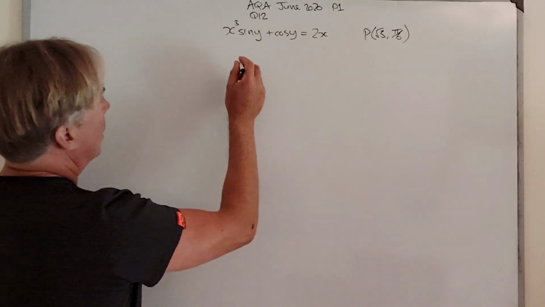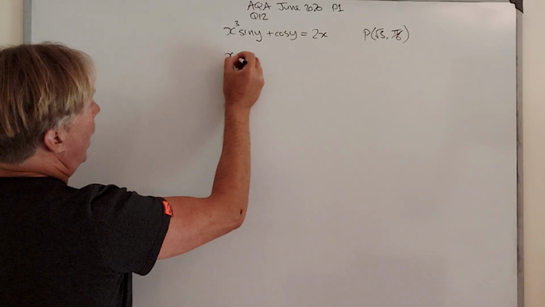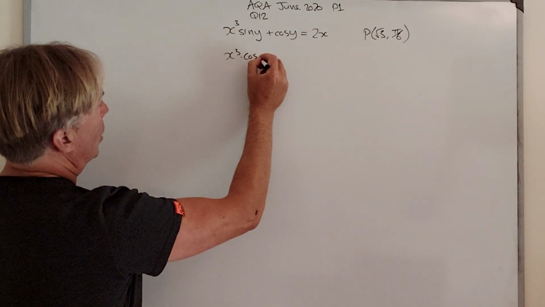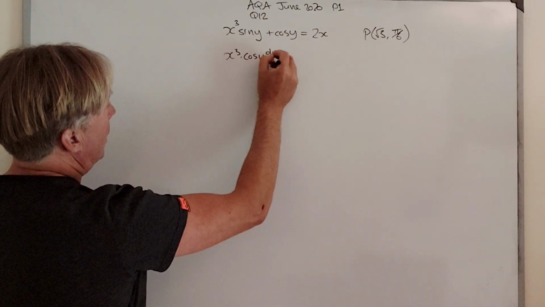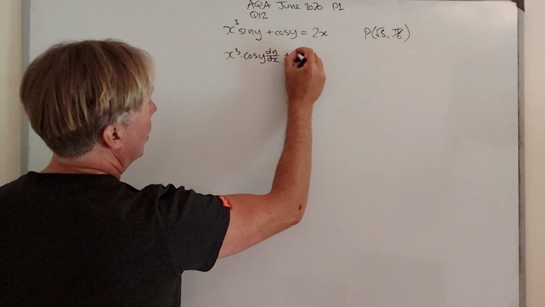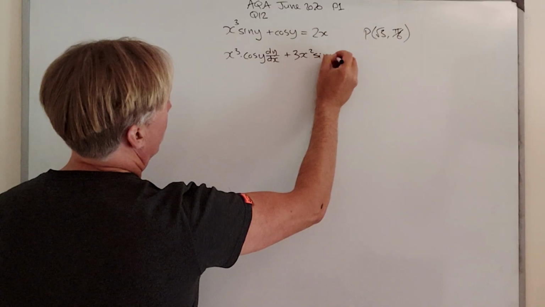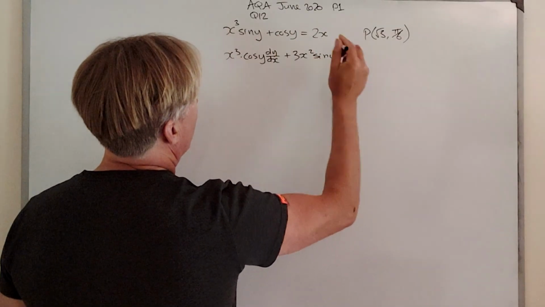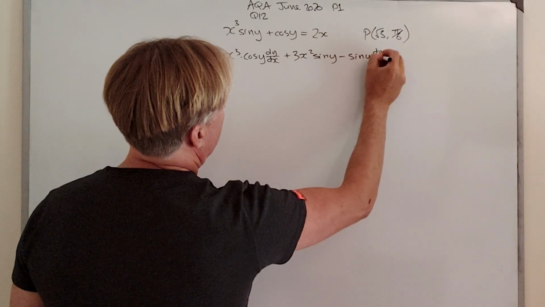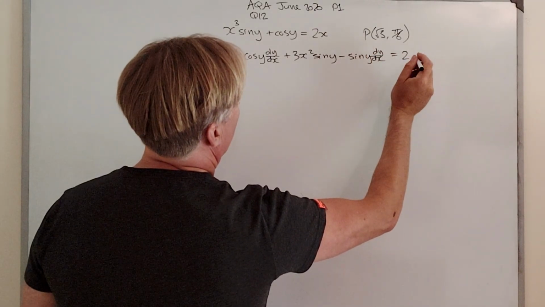So I can use the product rule: x cubed multiplied by the derivative of sine y, which is cos y dy/dx, plus the derivative of x cubed, which is 3x squared, multiplied by sine y. Cos goes to negative sine y dy/dx, differentiate in terms of y, equals 2.